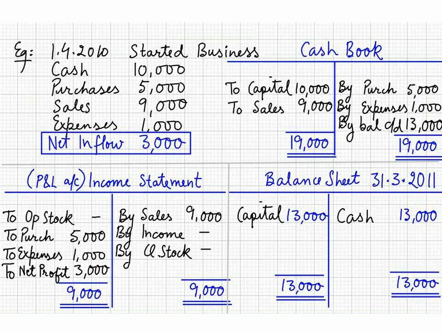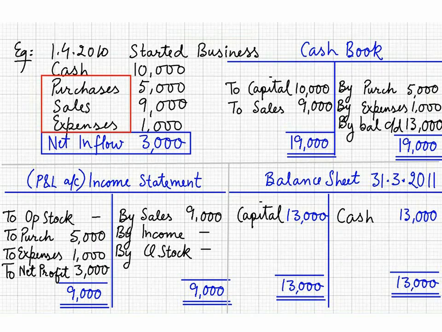Now you are asked to prepare the cash flow statement. You can see the cash book or other transactions, all are operating activities, either they are purchases or sales or expenses or incomes. There is no other activity which does not fall in the category of operating activities.